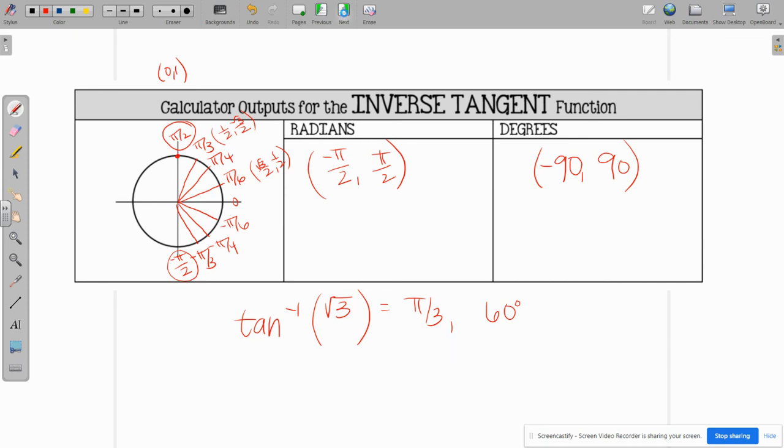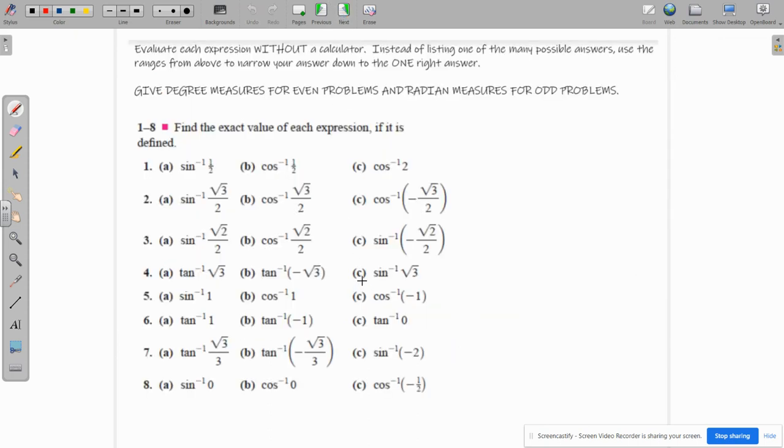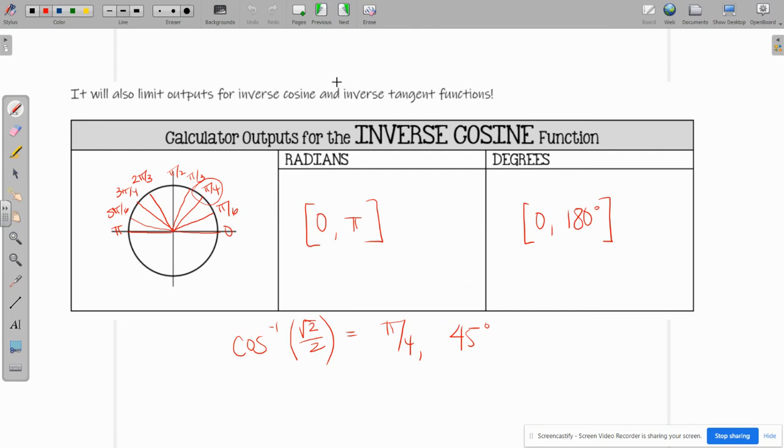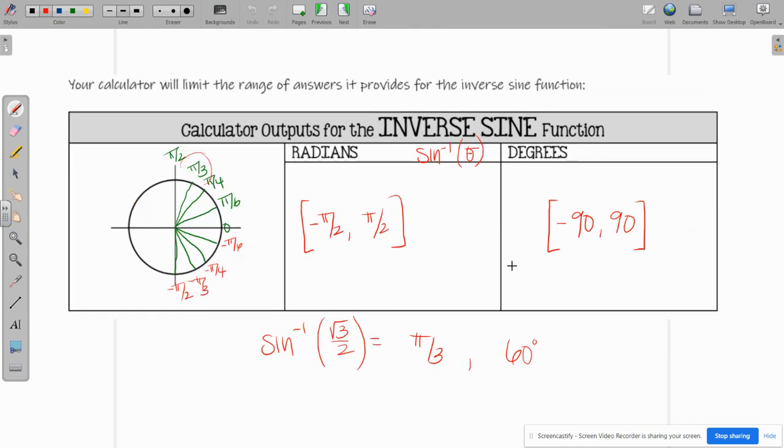So what I want you to do is practice this, and I want you to not use your calculator, but answer these questions as if you are a calculator, meaning you only have one right answer, and your answer has to fall within the different ranges of the inverse functions that we're looking at. So if I ask you for an inverse sine of something, then your answer needs to be between negative pi over 2 and pi over 2, or negative 90 degrees and 90 degrees, depending on what I ask for.